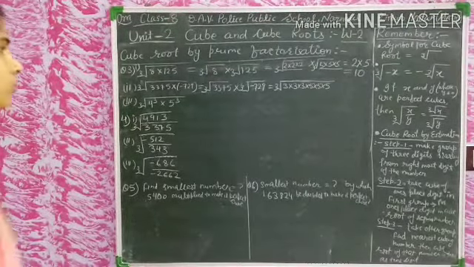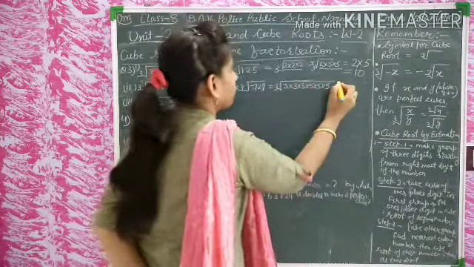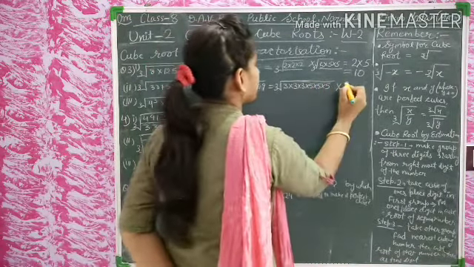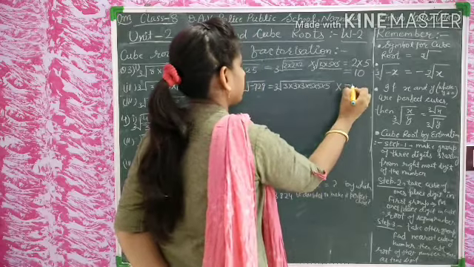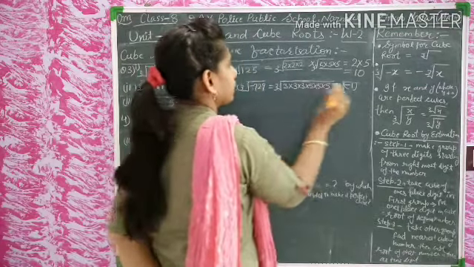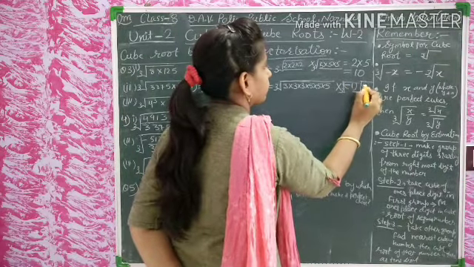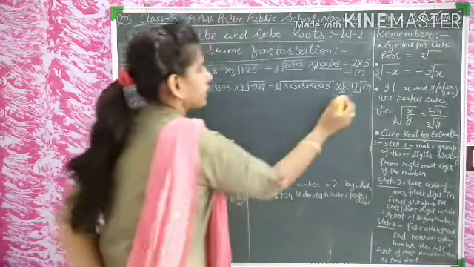Now students, this is equal to the cube root and into this is minus 1, the cube root is taken as this, and the cube root of 729 is equal to what we are taking here.